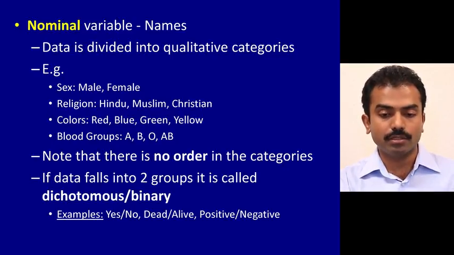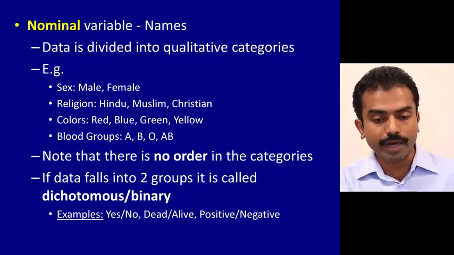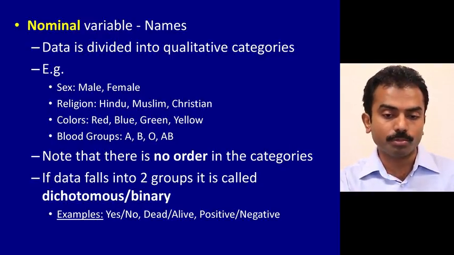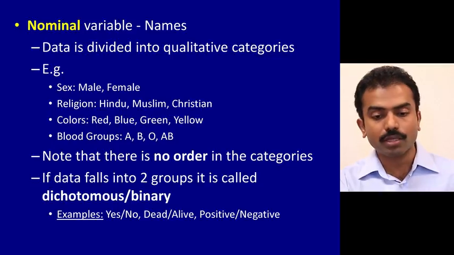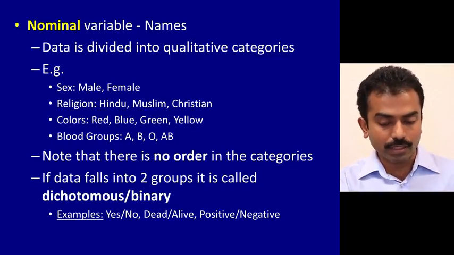Just categories. There is no order within those categories. There's nothing like one is bigger than the other or greater than the other. Colors, red, blue, green, yellow. Just discrete, qualitative categories. This is an example of a nominal. Or blood groups. That's another example.